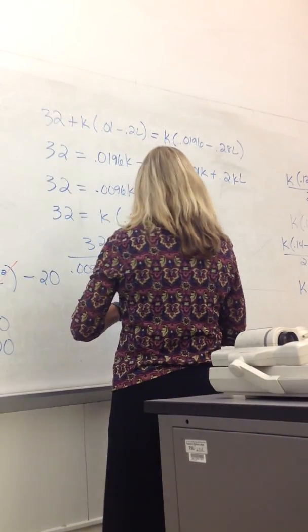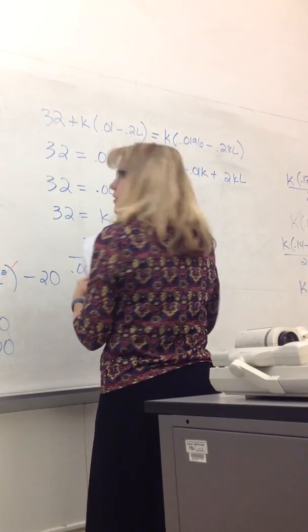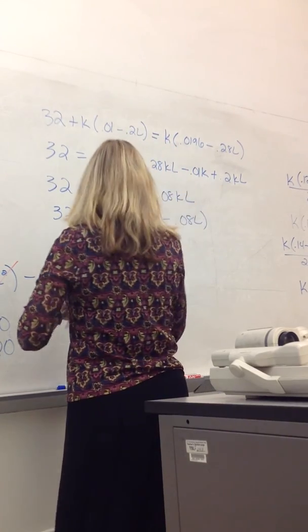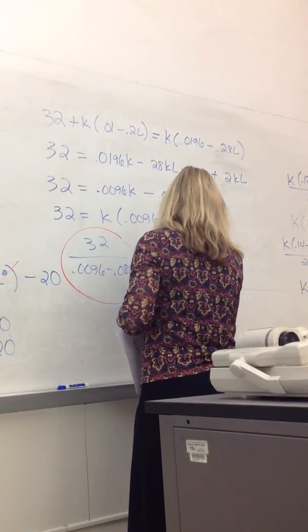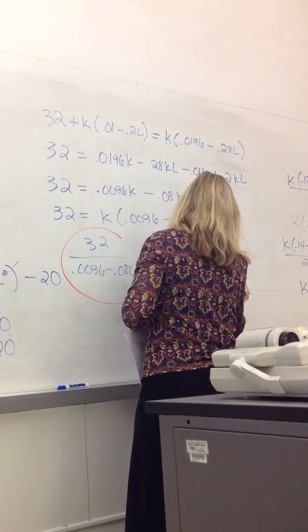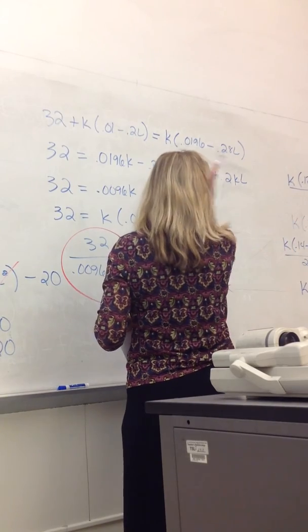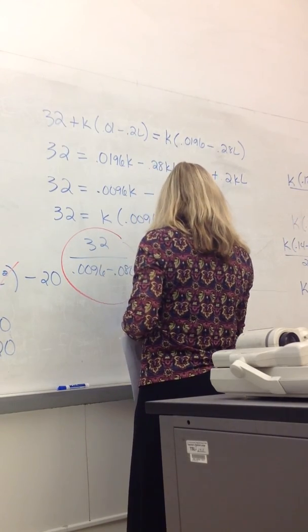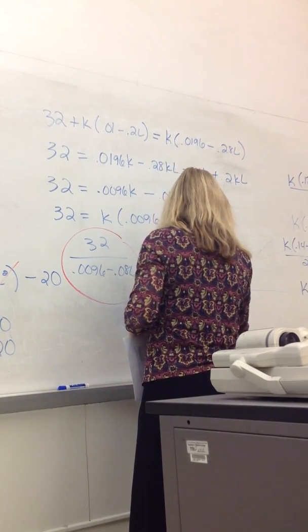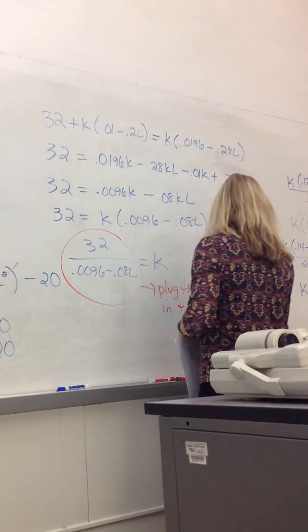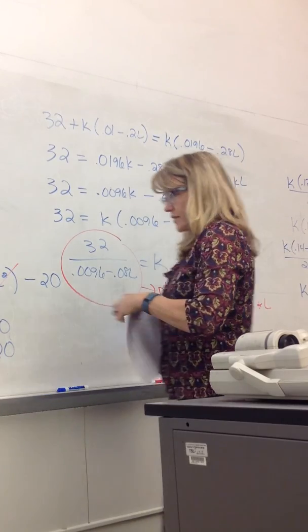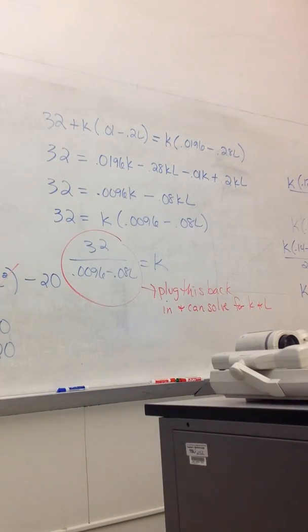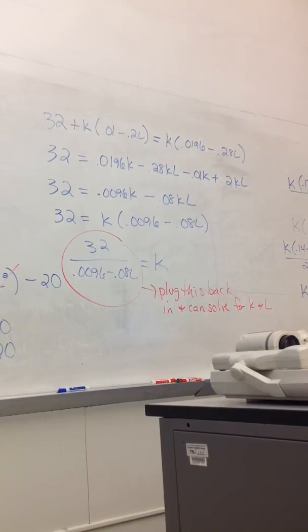So then, because I do wanna talk about one of the other problems in our last 5 minutes, plug this back into really any one of the equations, I'd find the cleanest one and solve for K, and I'll finish it off the way we had it finished off.